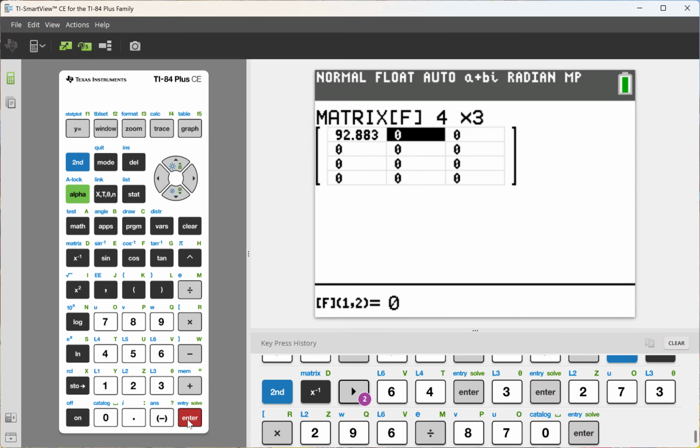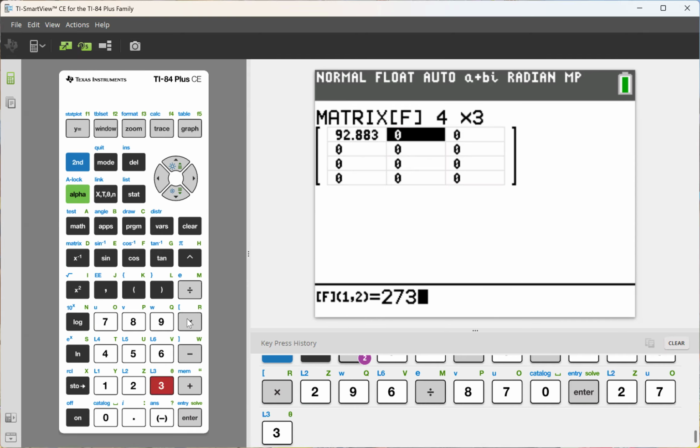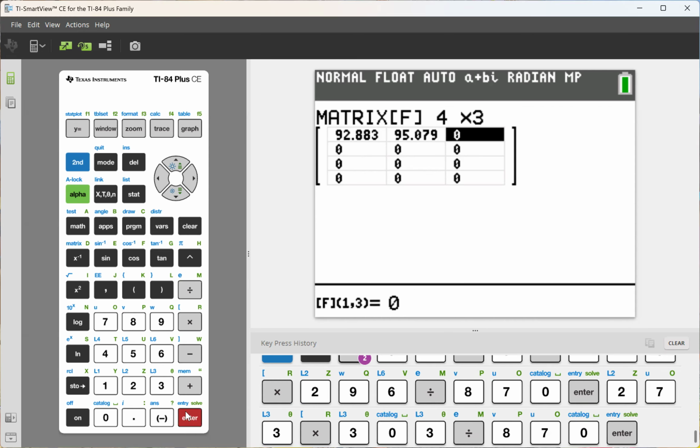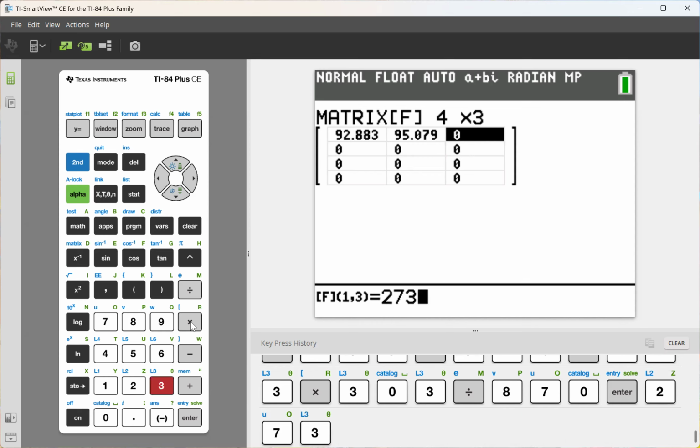And we're going to continue doing the rest of these elements. So we have 273 times 303 divided by 870. 273 times 271 divided by 870.